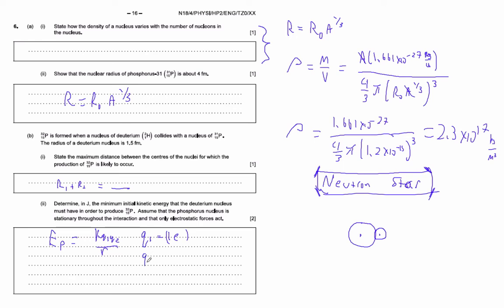And Q2 might be the phosphorus nucleus, right, which would be 15e. Plug that in, and you'll get something roughly 7 times 10 to the minus 13th joules. Okay, that only electrostatic forces act. Yeah, okay.